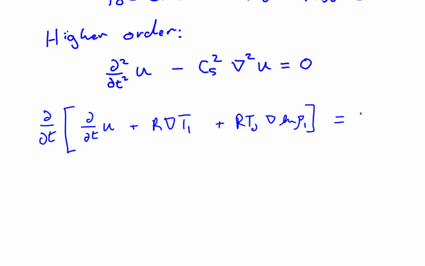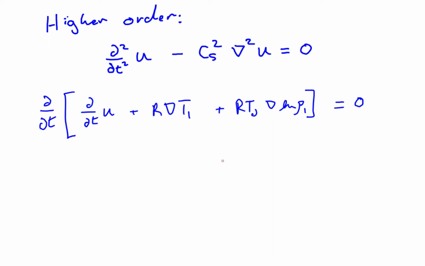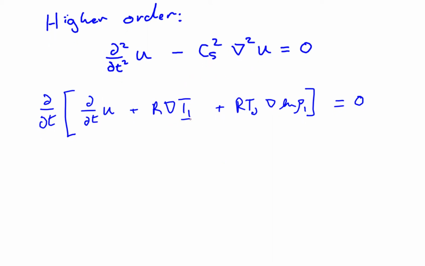And this is all equal to 0 for our linear equations. Now, the important thing is that only our variables T1 and log rho 1 and u1 here are the only things that have time derivatives. The constant coefficients R and T naught do not.